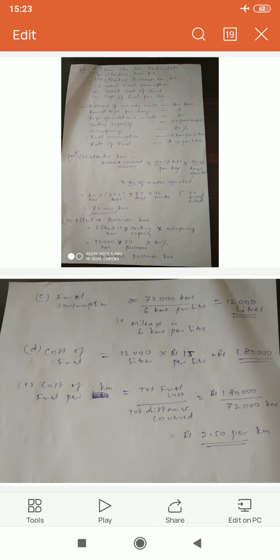Fuel worth 1,80,000 has been consumed by that particular vehicle, covering a distance of 72,000 kilometers per annum. So how much is the cost of fuel per kilometer? The cost of fuel per kilometer would be rupees 2.50.